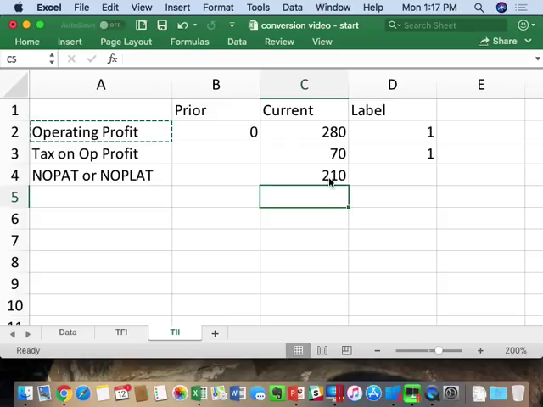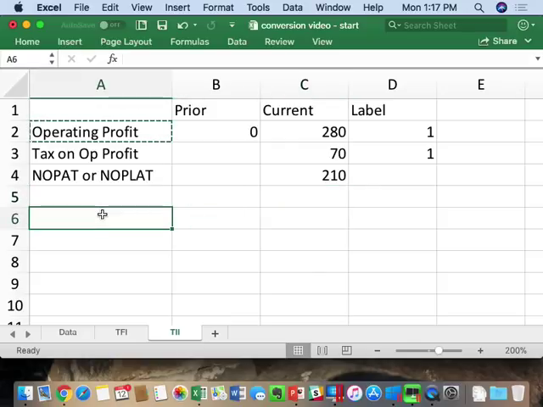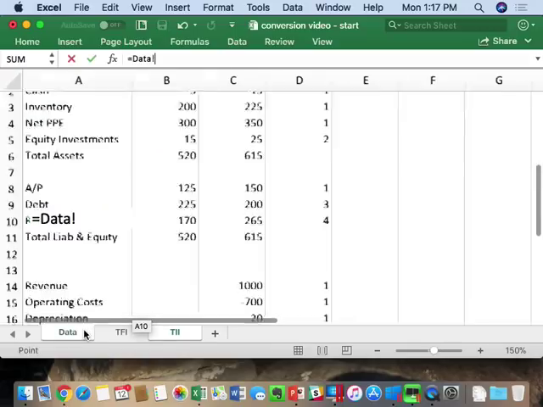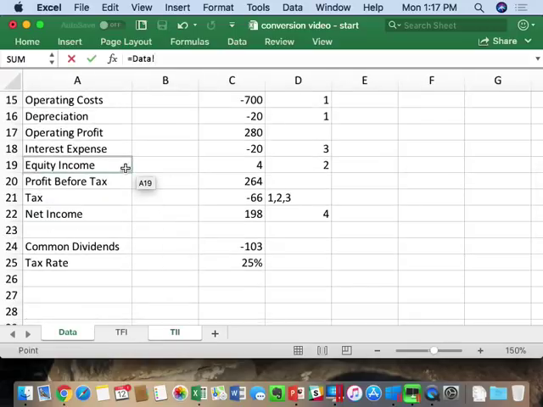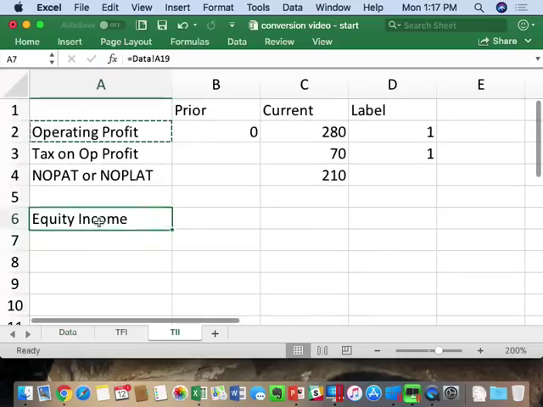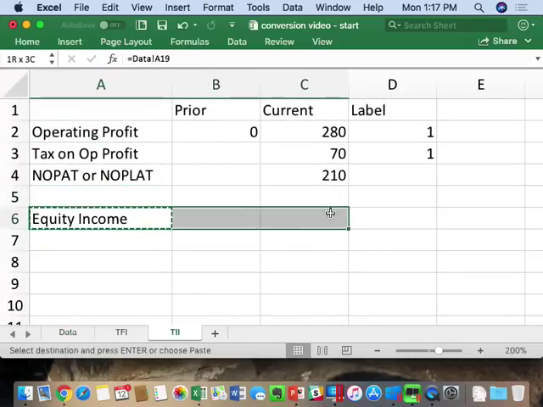Okay? I do the same thing with my non-operating activities. So I have my twos, equity income. I make $4 million of equity income.